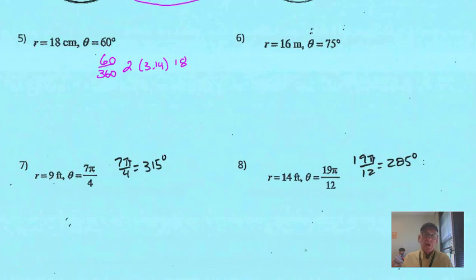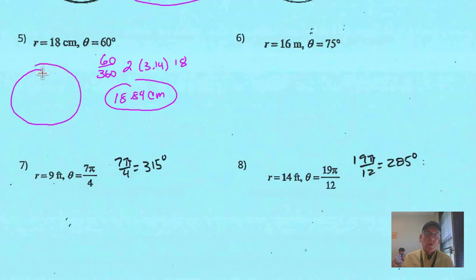So 60 times 2 times 3.14 times 18 divided by 360 comes out to be 18.84, and we're talking about centimeters. So again, with a circle and a radius of 18, a 60-degree angle is going to have a length of 18.84 centimeters.